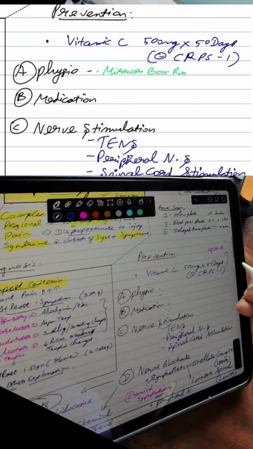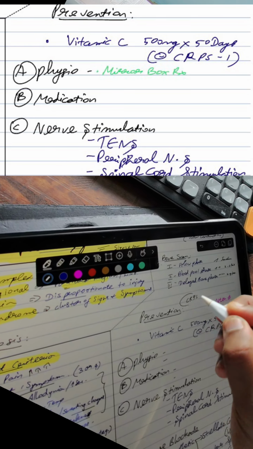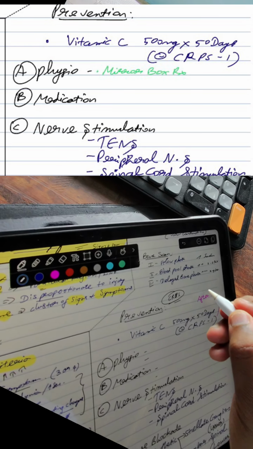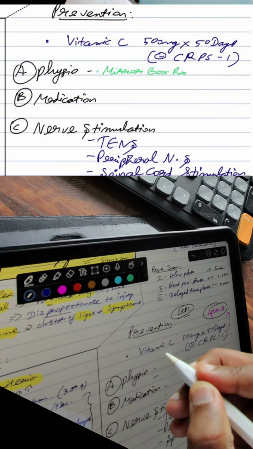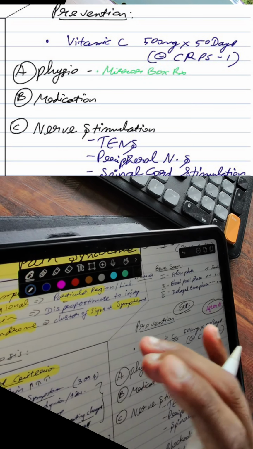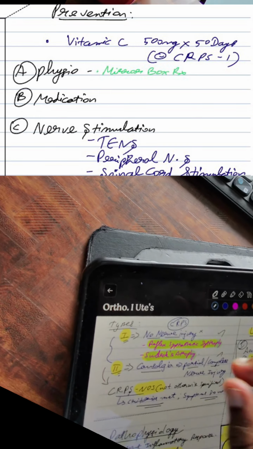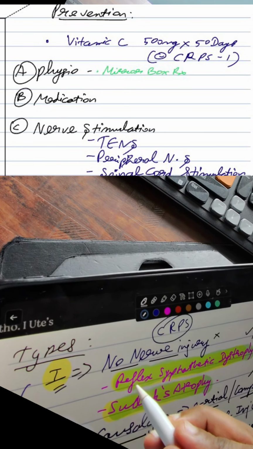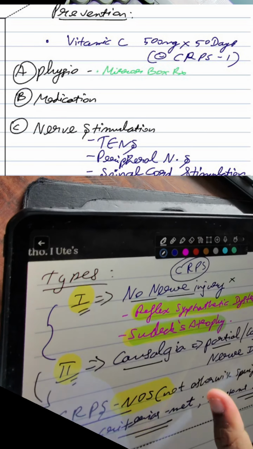So how to prevent CRPS? Whenever there is a patient with a fracture, you give them a dose of 500 mg of vitamin C for 50 days to prevent CRPS type 1. Again, type 1 revision: no nerve injury, reflex sympathetic dystrophy and Sudeck dystrophy.